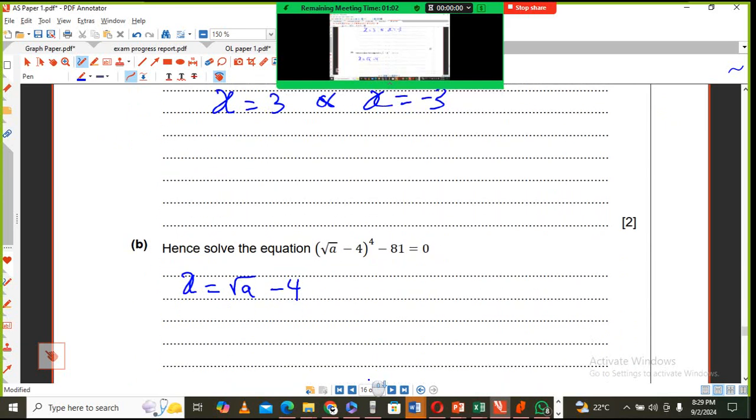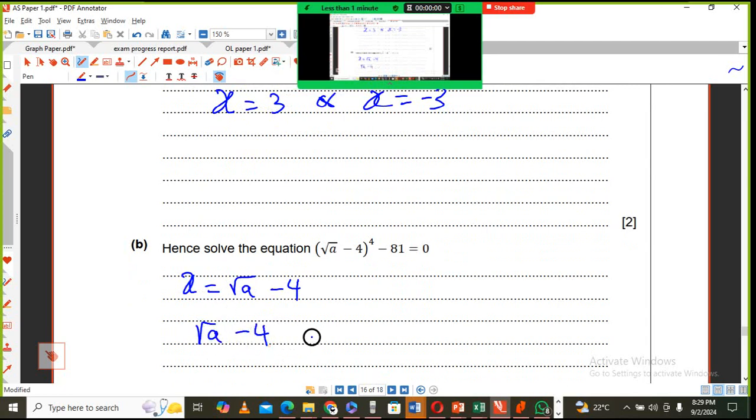And since you know what your values are, we have less than 1 minute, but anyway, root a minus 4 is equal to 3, or root a minus 4 is equal to minus 3. So a will be 7 times 7, or a will be 1 if you move those terms over. Equals 14 1.